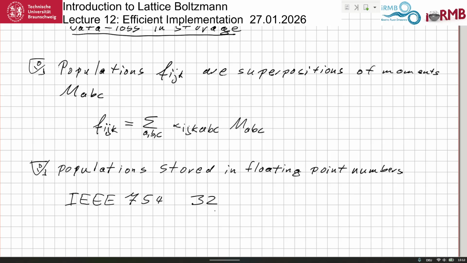Because we've written our code in 32-bit floats, this used to be standard precision. Now, since we are in the age of artificial intelligence, there are many more smaller data types, like 16-bit, 8-bit, 4-bit. Actually, 4-bit floating point is really amazing.